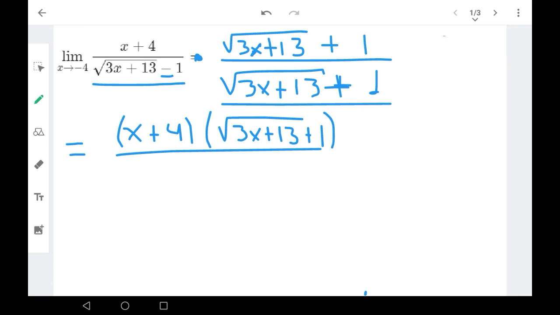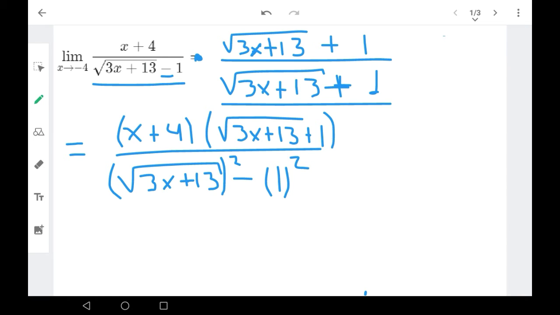The denominator would be the square root of 3x plus 13 minus 1, both terms to the power of 2. Always a negative sign will come there because we're talking about a difference of squares, and difference means subtraction, guys, okay?